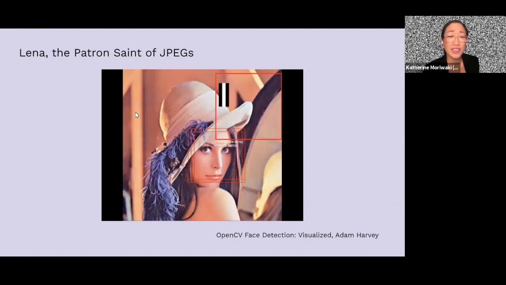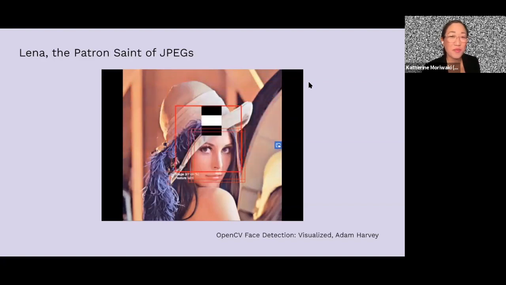Furthermore, she was also entirely unaware of the fact that after using her image to engineer the JPEG format, this picture of her became the default image upon which any kind of image processing was undertaken.